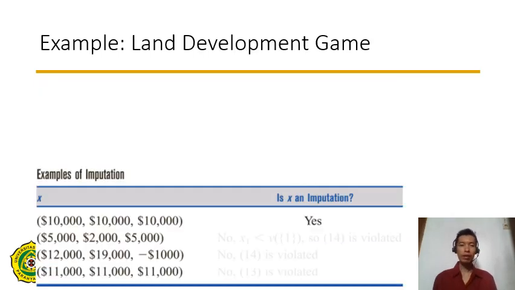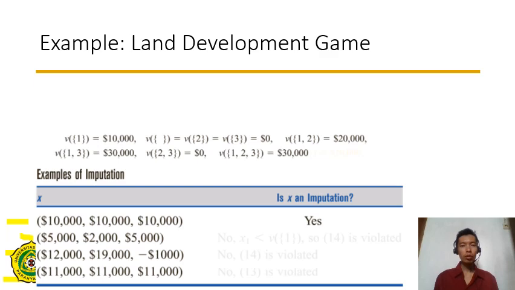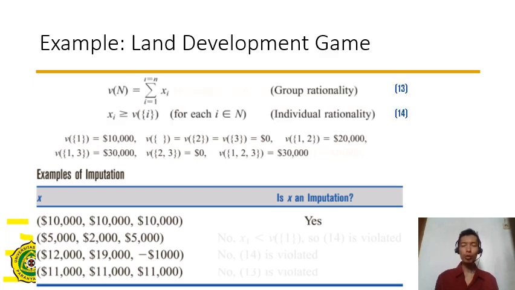So for the land development game, we are going to look at these four reward vectors and see which one is an imputation and which one is not. So this is the characteristic function for the game. And here are the two rationalities that a reward vector must satisfy to be called an imputation. The first reward vector is an imputation. We look at the individual first.